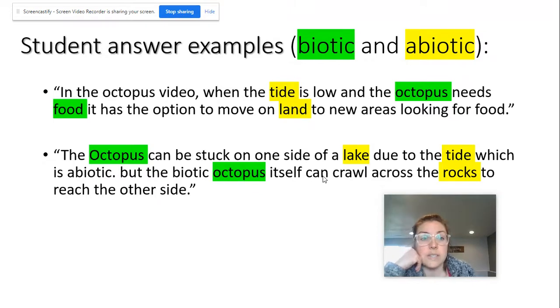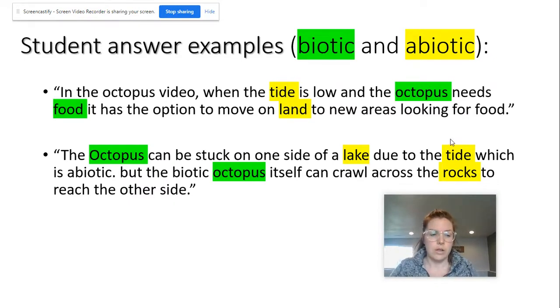One of them was in the octopus video. When the tide is low and the octopus needs food, it has the option to move on land to new areas looking for food. And notice I highlighted the biotic and abiotic factors. The second one: the octopus can be stuck on one side of the lake due to the tide, which is abiotic, but the biotic octopus itself can crawl across the rocks to reach the other side.